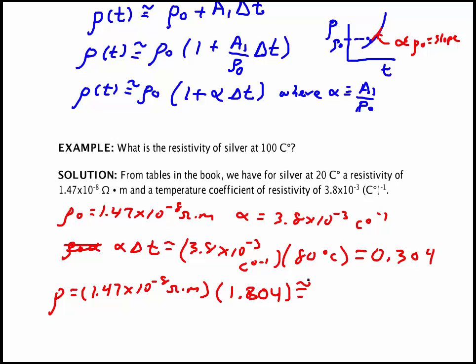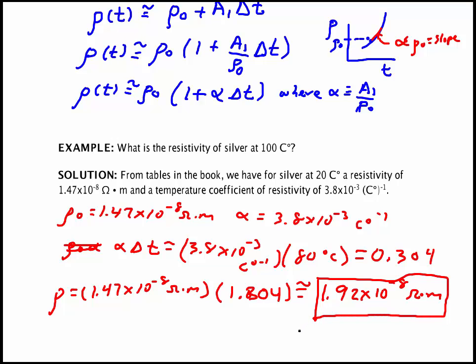And we get 1.92 times 10 to the minus 8 ohm meters. So that's the new resistivity, and I can use that resistivity now to calculate the resistance for that particular material at that temperature. So very useful little formula to know.